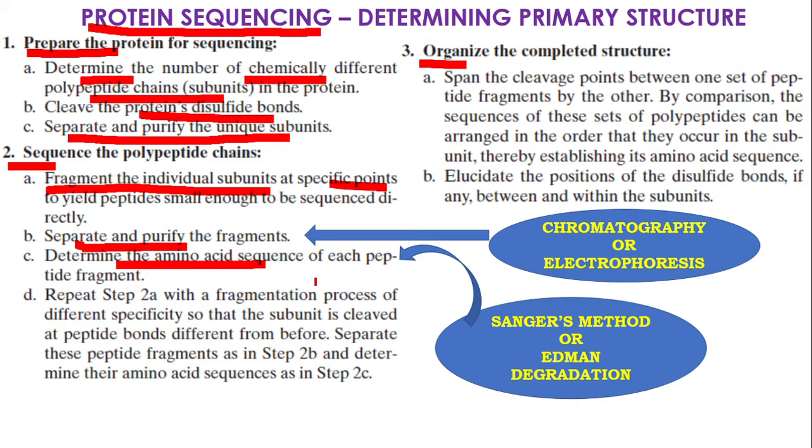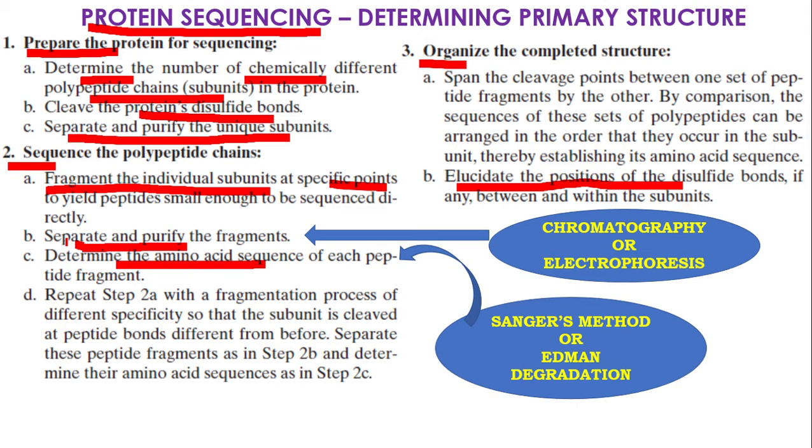And now we are organizing the complete structure. Once we understand the overlapping regions, it is very easy to organize them and find out the correct order of the amino acids, and thereafter by looking at the position of the cysteine amino acids, we find out the position of the disulfide bond.